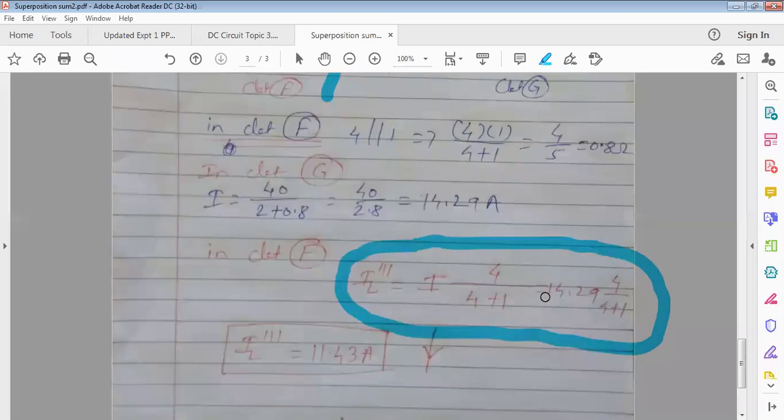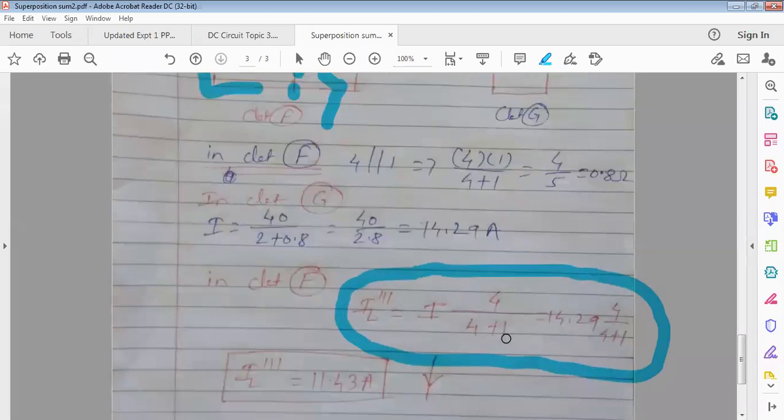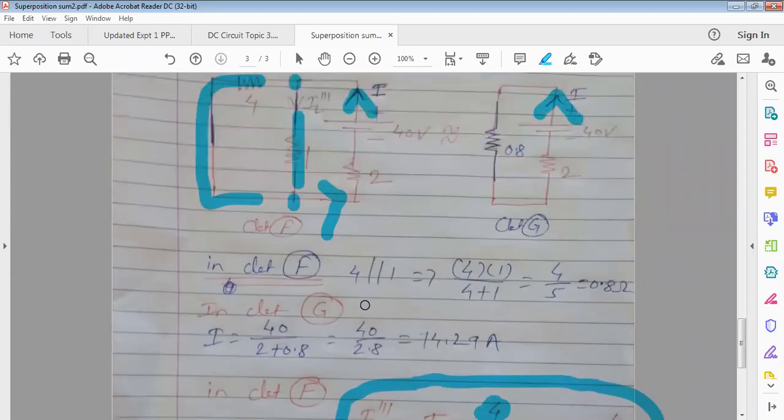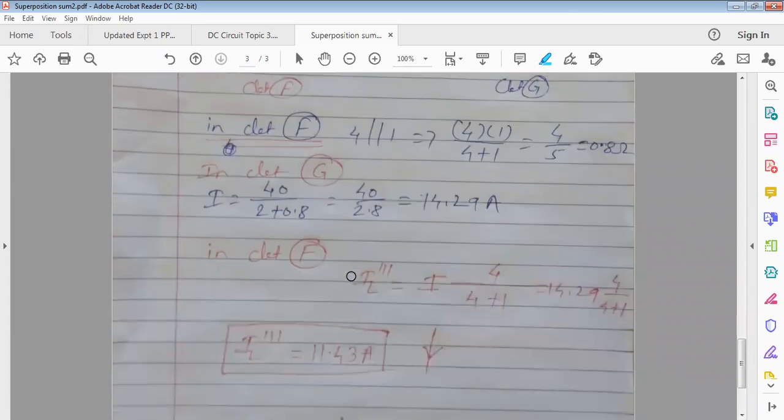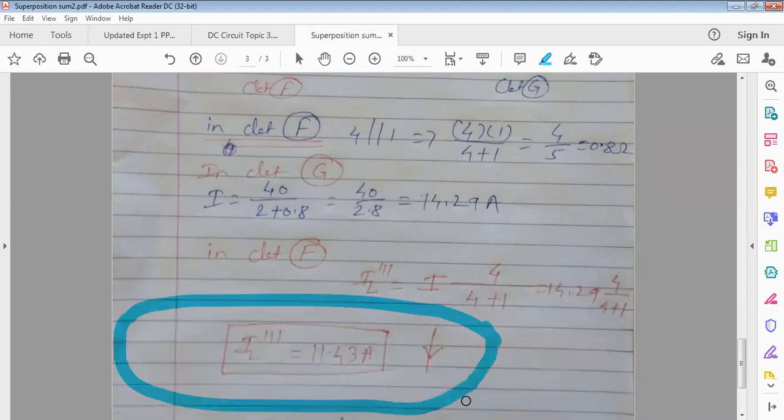We are interested in finding the current flowing through 1 ohm. Parallel to it is a 4 ohm, so that will be in the numerator, divided by the addition of the two parallel resistances, 4 plus 1. So you will get the answer 11.43 ampere. And the direction we have already seen. It will flow in the downward direction, IL triple dash. Got it? Any difficulty up to this? No, ma'am.